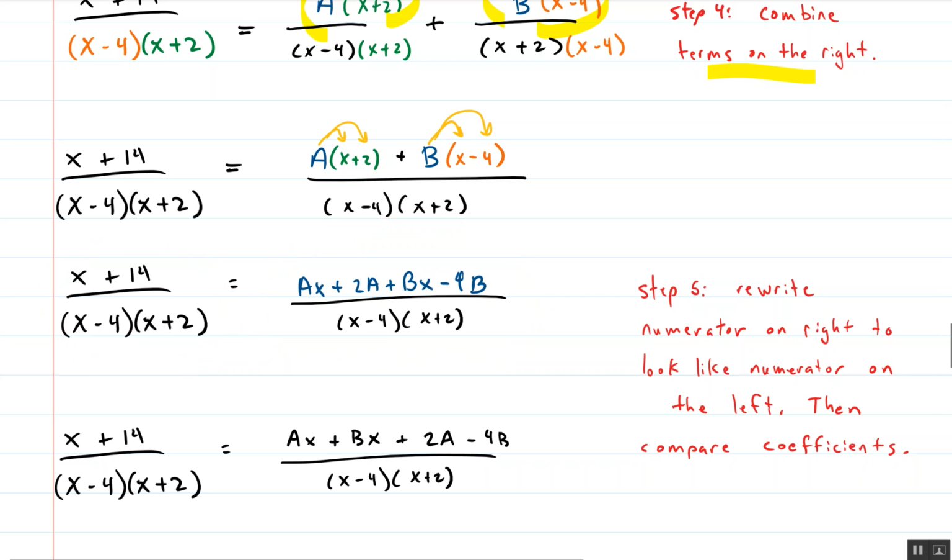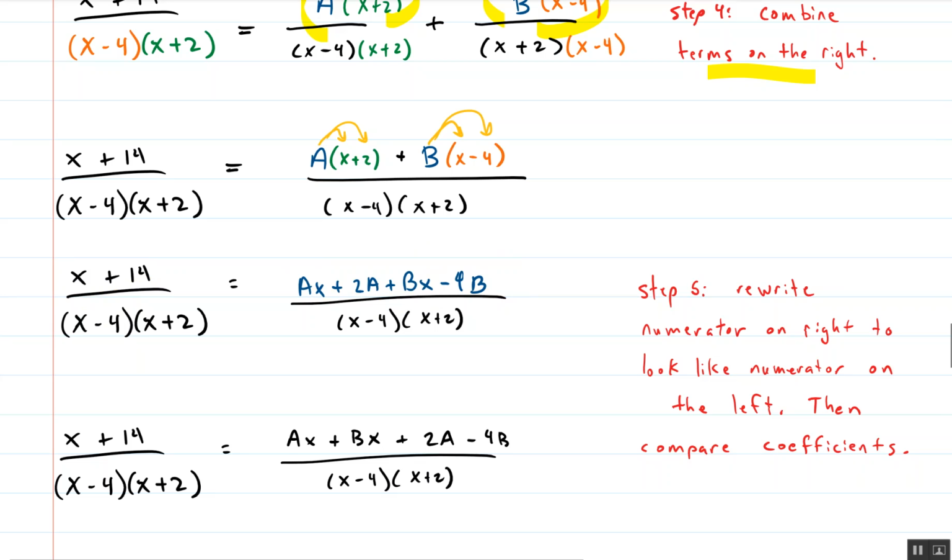If they are equal to each other, the denominators are already the same. So that's good. If these are really equal, then the thing on the top on the left has to be equal to the thing on the top on the right. So we need to make the numerator on the right look like the thing on the left, so we can compare the coefficients and figure out.